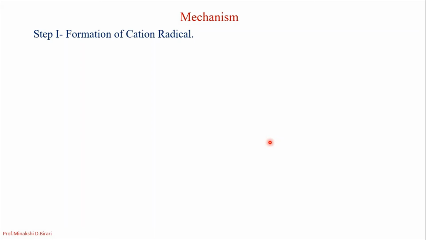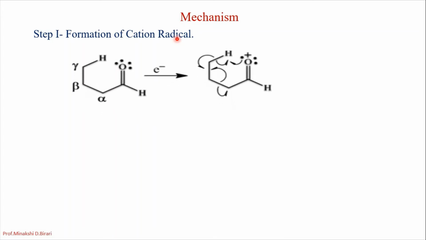The McLafferty rearrangement is an intramolecular rearrangement, and the first step involved is the formation of a radical cation. As we know, the molecule is bombarded with energetic electrons, and there is a formation of a molecular ion, also called a radical cation.